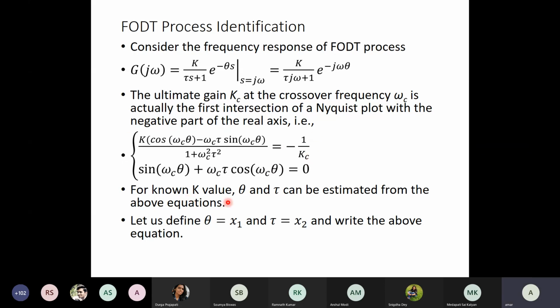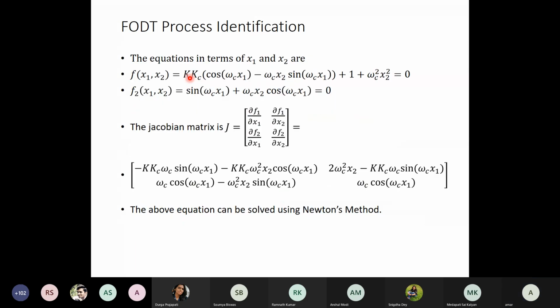From there I can find theta and tau, and solving these two equations, it will be easily converted to a first order with dead time model. Okay, so I'll stop here.